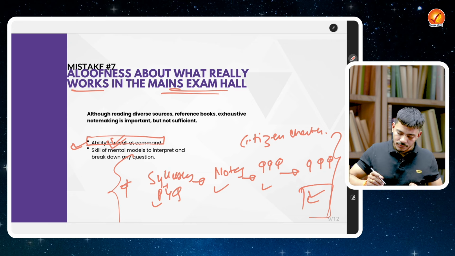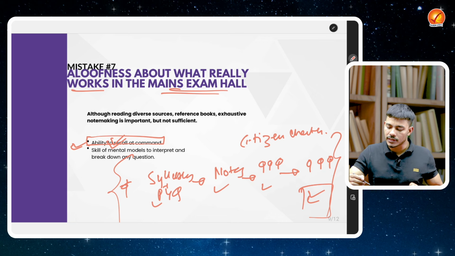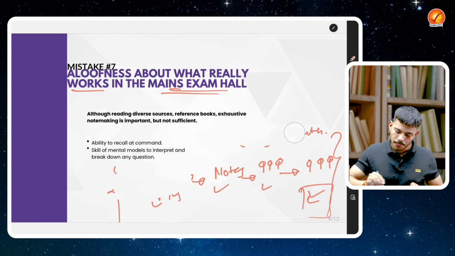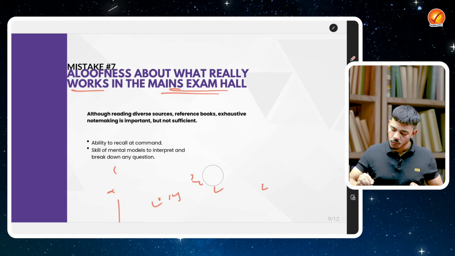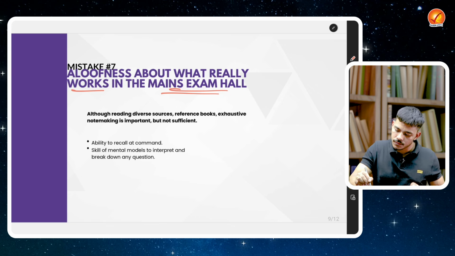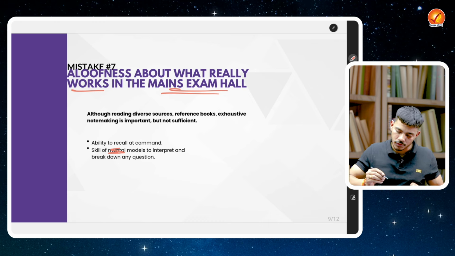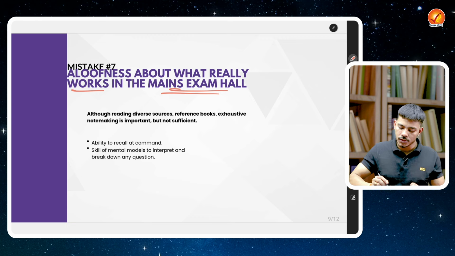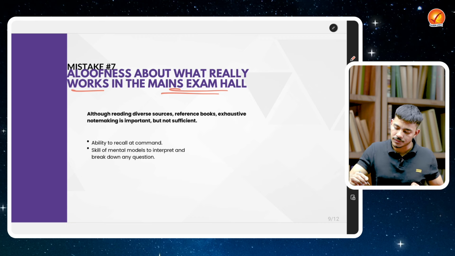All right. At the same time, there is a second thing which really helps in your mains preparation, and that is a skill of having mental models. Okay, what do I mean by mental models? To interpret and break down any question.